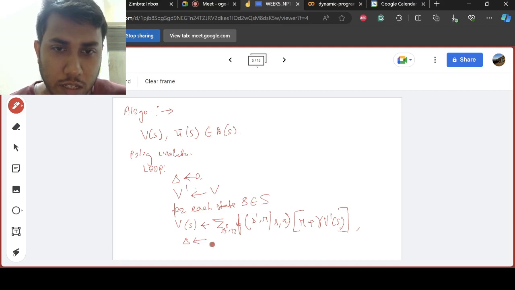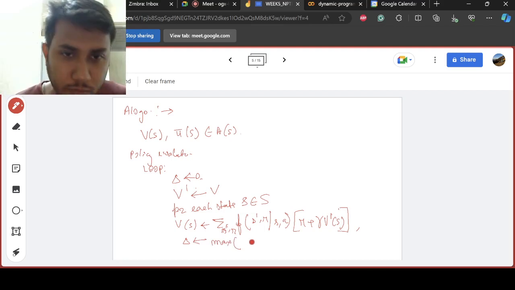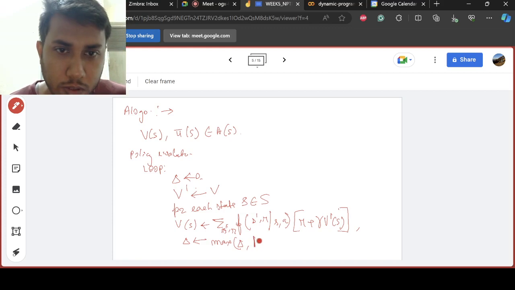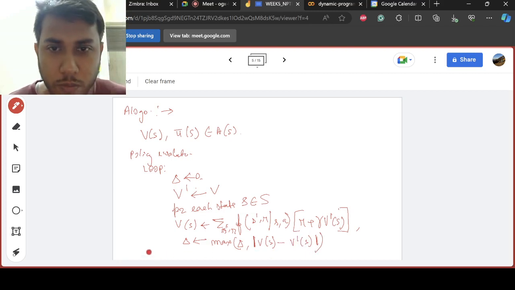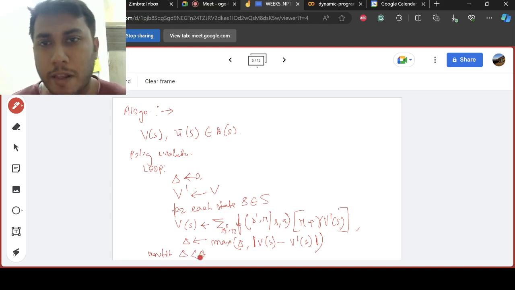Delta is basically the max of delta comma the absolute value of v of s minus v dash s, right? And we loop until delta is less than or equal to theta. This is your policy evaluation criterion.